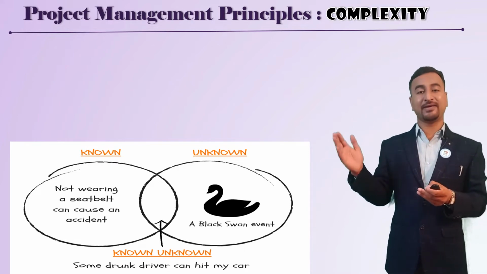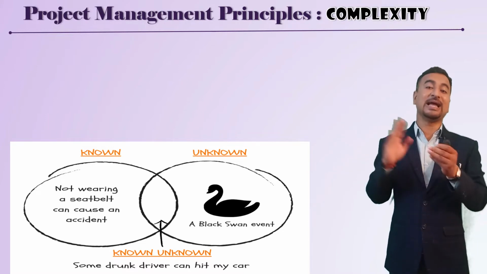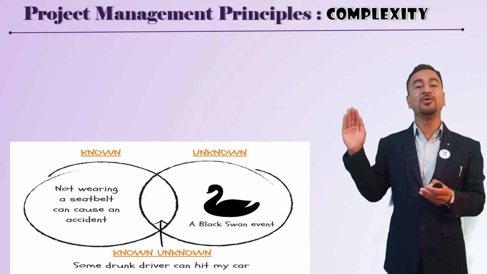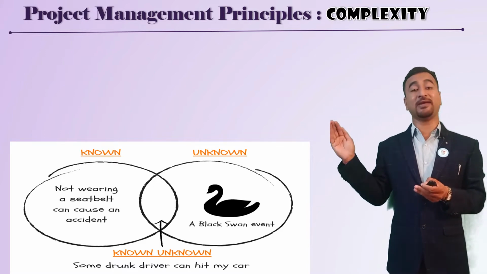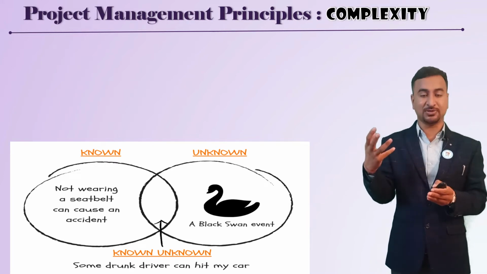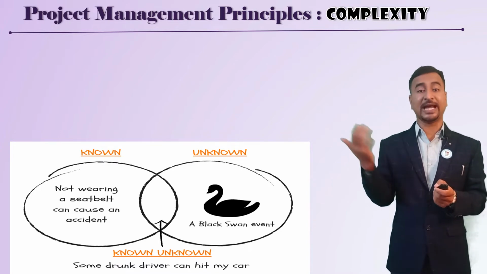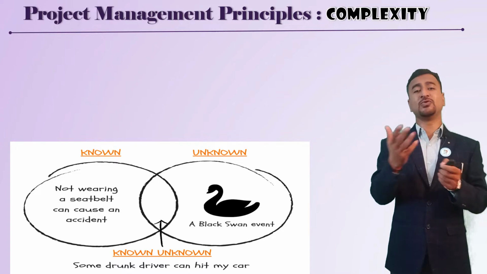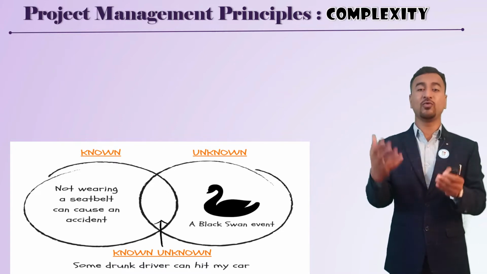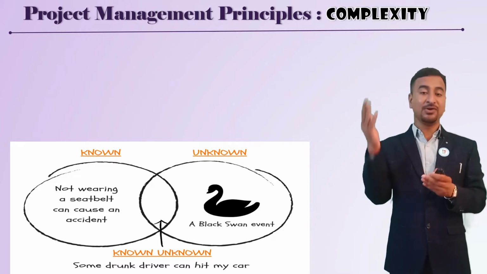If someone drives drunk, they can hit a car, but when it will happen you don't know, though there is a high probability. That is a known unknown. And then there is the unknown, the black swan event, that is beyond your knowledge domain. You cannot even predict that such things might happen, like the COVID impact. In 2004 or 2005, we did not know that in 2019 COVID would have an impact. Those are unknown things.